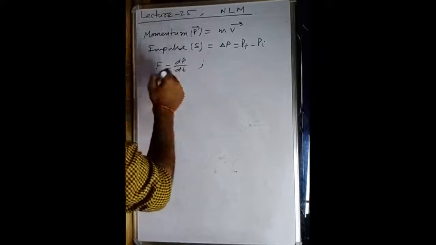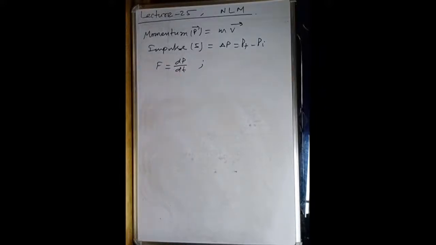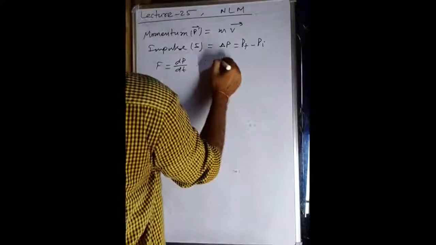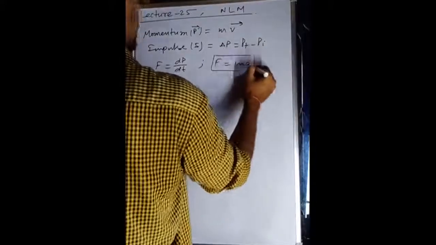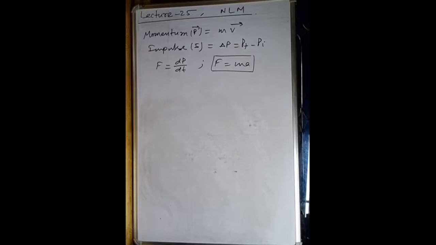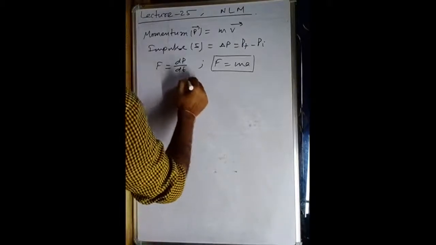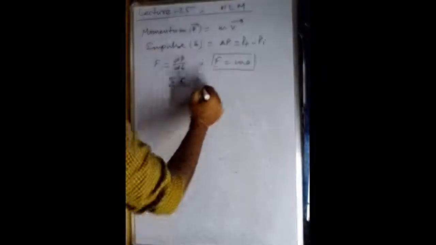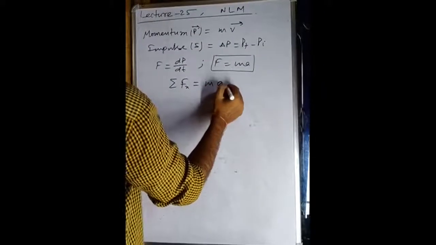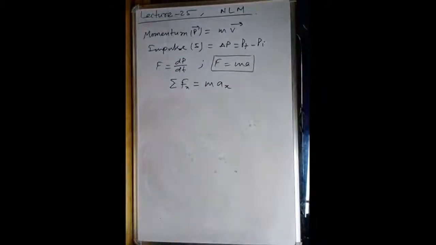Using this concept we got the mathematical equation F equals ma, and this force must be considered on a specific axis. If we are considering the total force on the x-axis, then it is mass times the net acceleration along that axis only.